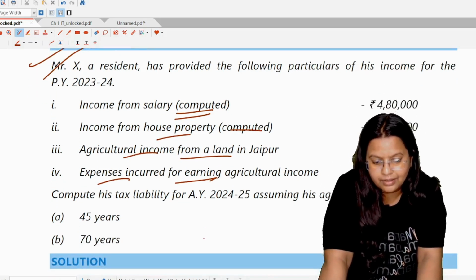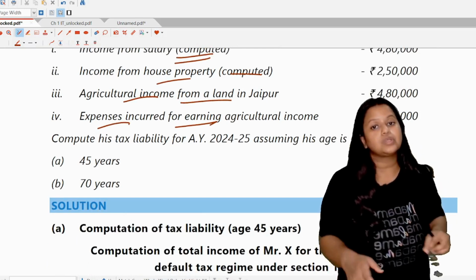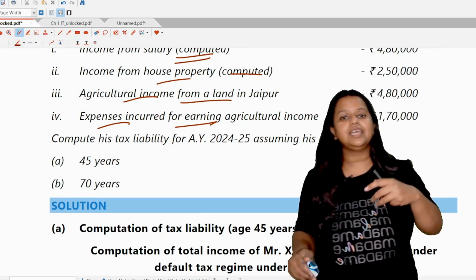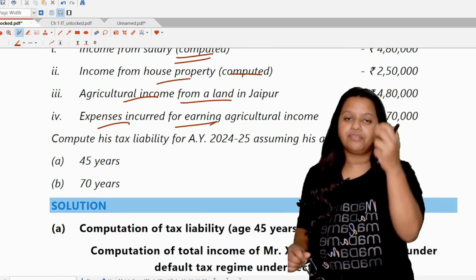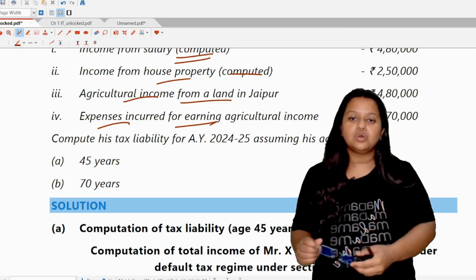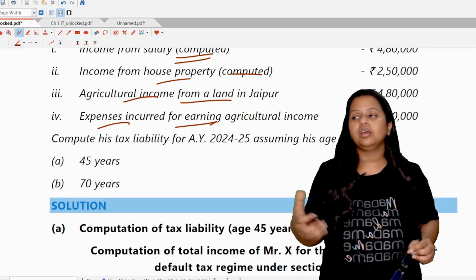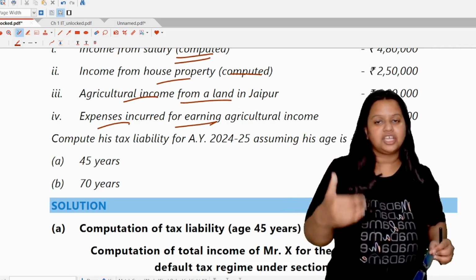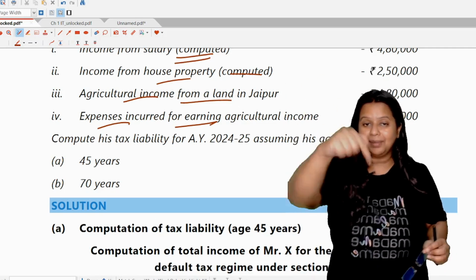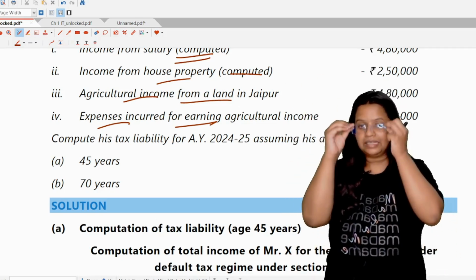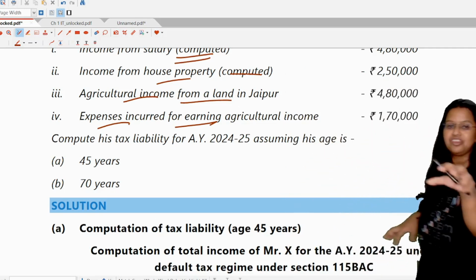Now students, whenever there is a point for income tax, we are not going to look at the turnover. We always apply the tax on the taxable income, that is on the profit. So in this case also, we are going to take the net agricultural income for checking whether the partial integration method will be applied or not. Net agricultural income in this question is 4,80,000 minus 1,70,000, that is 3,10,000 rupees.